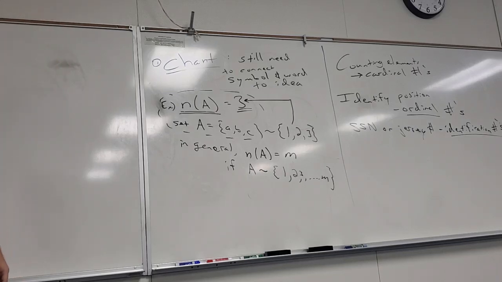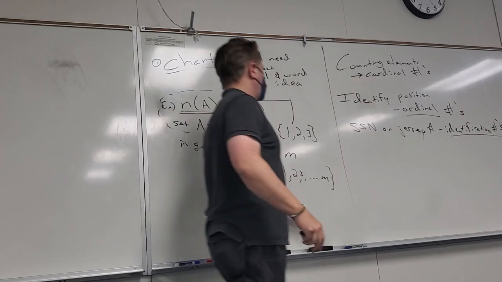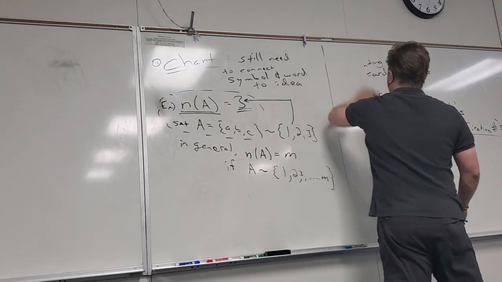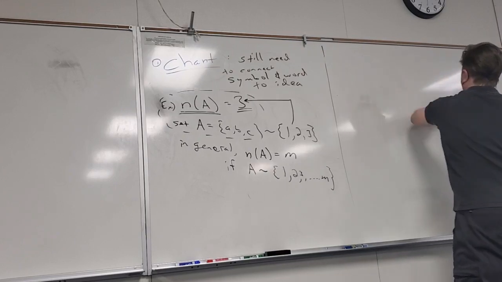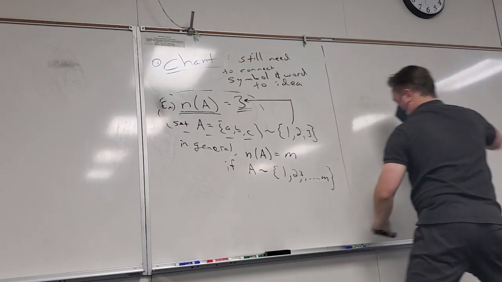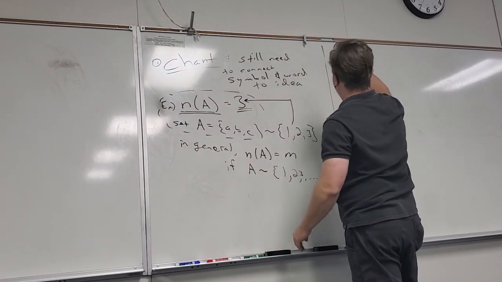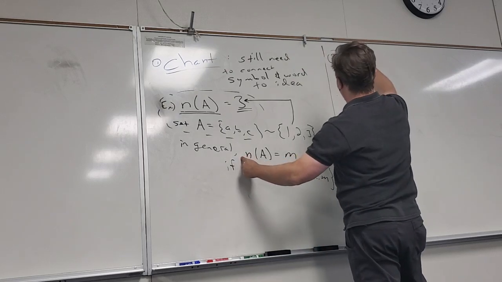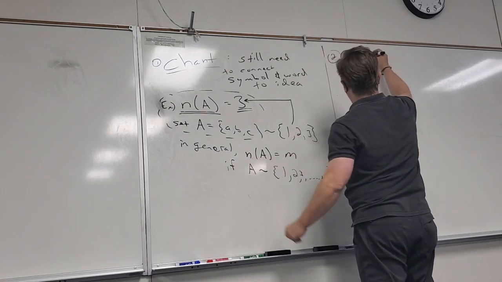Cool. All right. So we've already sort of filtered over, so you can see the connection. To go from chant to some higher level thing, we've had to introduce the idea of sets.